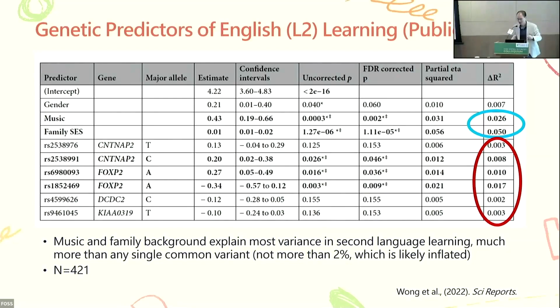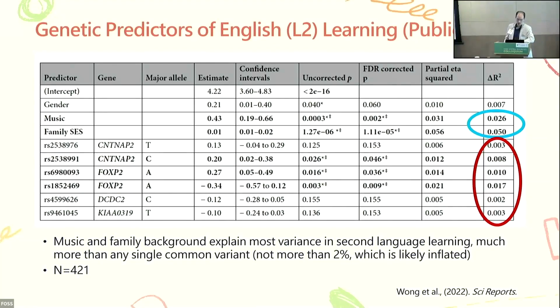So again, 421 subjects, there's significant genetic association. It's just that it's not very useful from the practical standpoint. From the theoretical standpoint, it's interesting to see that we replicated a lot of the results that have been published, especially from samples of English-learning first language speakers.